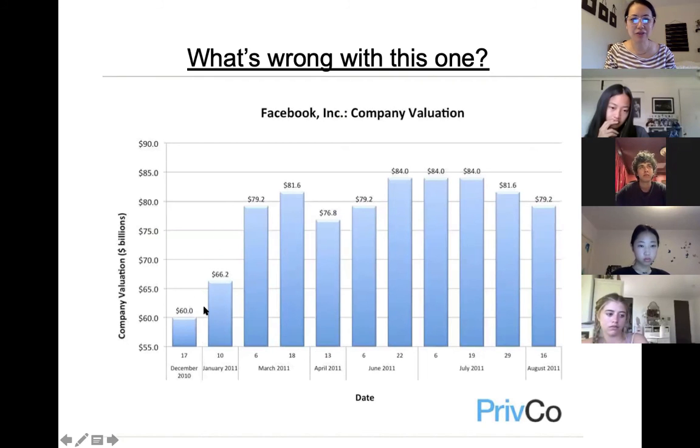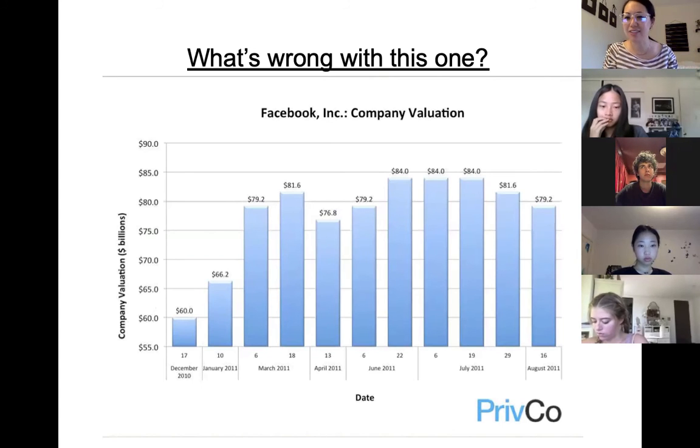But actually the difference between $60 and $66 is not that big of a jump. So having it start at 55 like this makes it seem like it's exaggerating the differences. So that's another thing that you can be wary of when you look at articles and graphs. Okay, so yeah, that should start at 0.